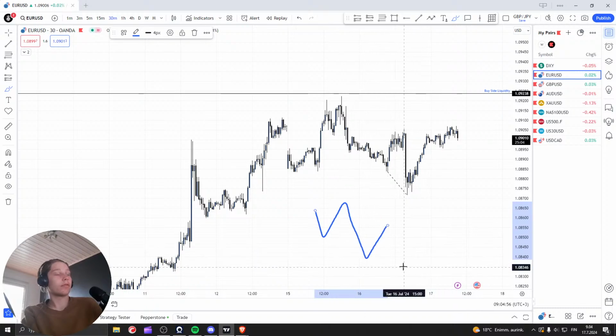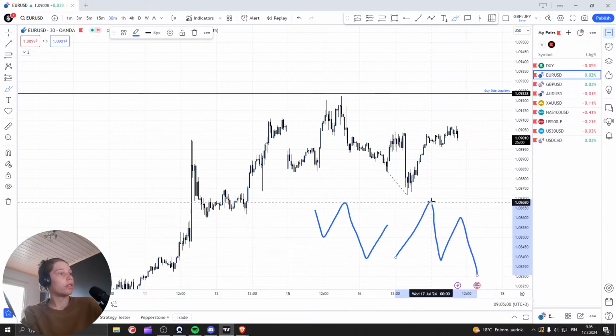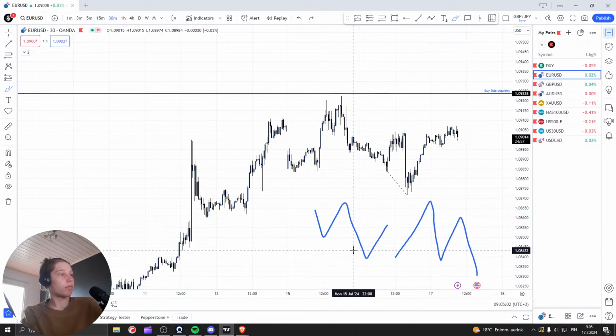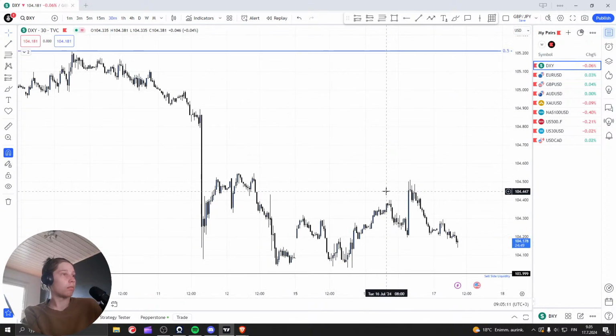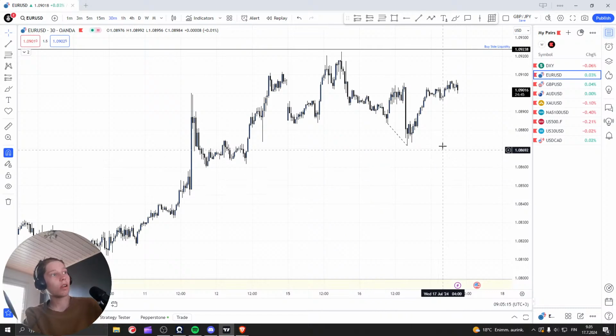So DXY needs to create high, lower high, and this would be an SMT. So yeah, there is no SMT there. But again, I'm not sure if we need that.